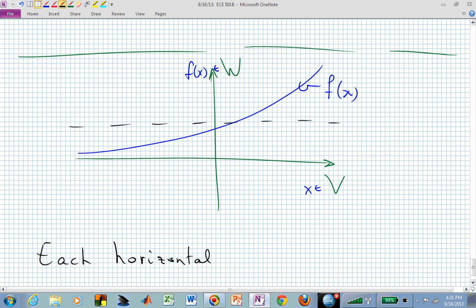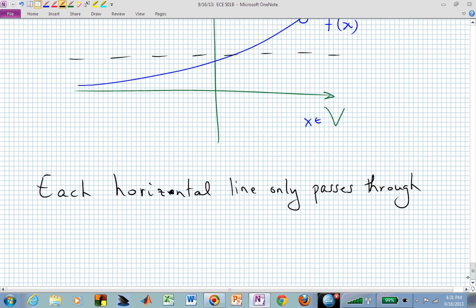So this is a simplistic picture of an injective map, where each horizontal line only passes through one point on f of x. And that's what we mean by injective.